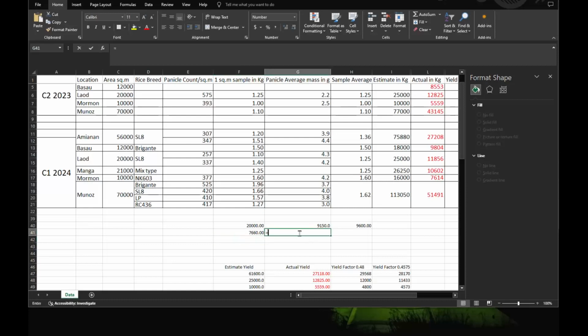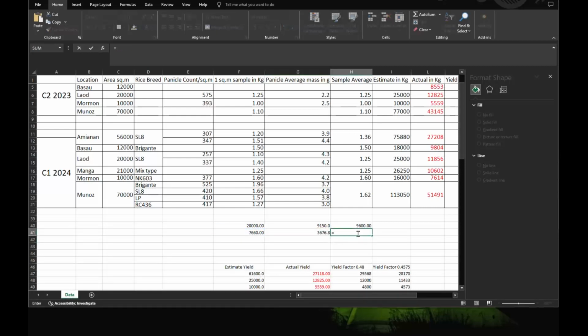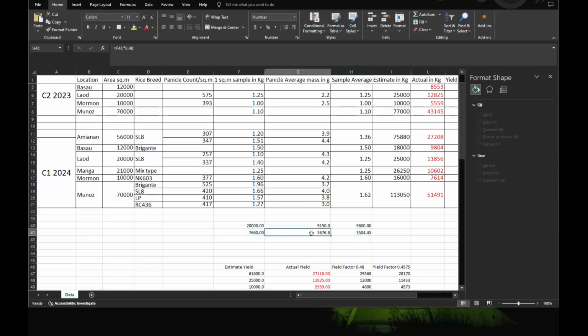What's the actual yield on 7 tons? It would be this times 0.48 maybe, or this times 0.4575. Okay, what is that in kabans? Well, normalize at 50 kilos.